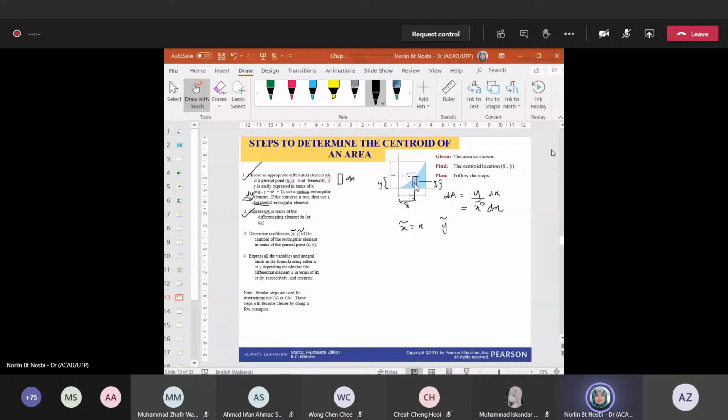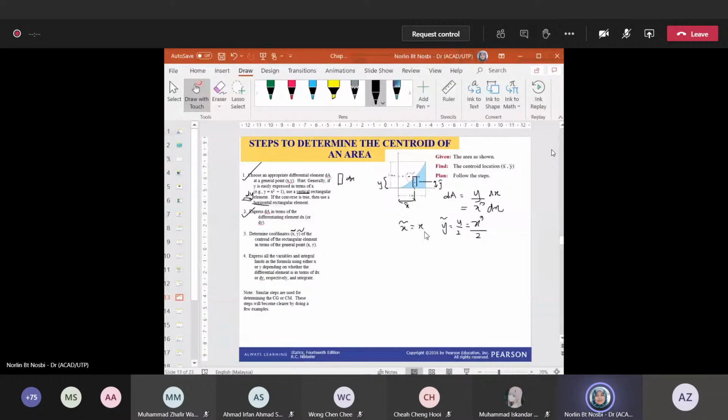So it would be y over 2. Okay, you need to change this equation to x because the integration is based on x. So you have to replace the y from the curve equation, which is y equals x power of 3. So it would be x power of 3 over 2.